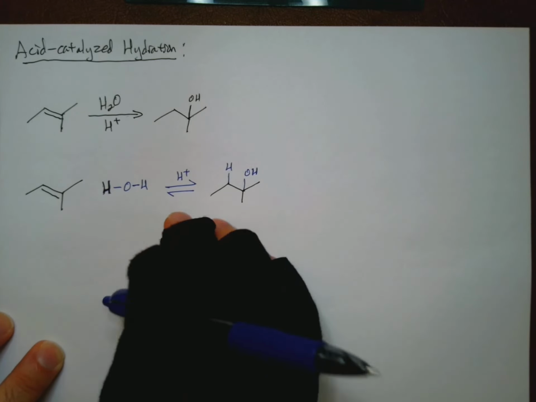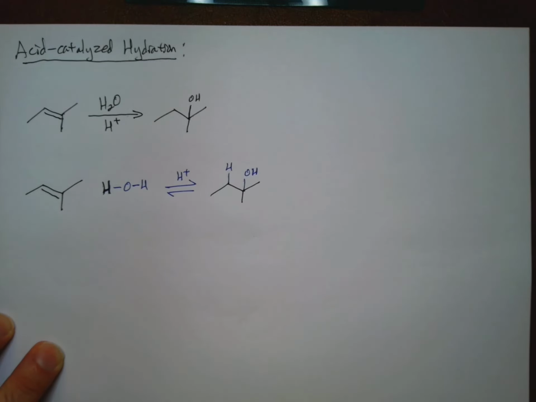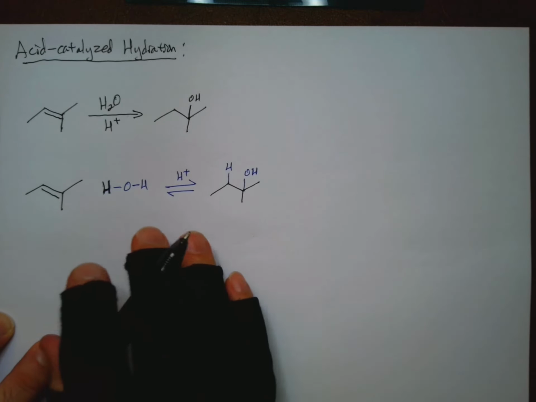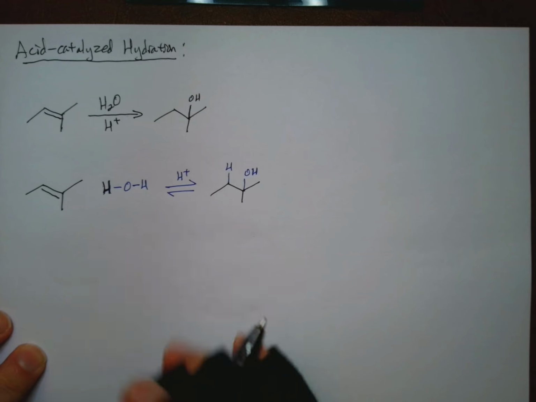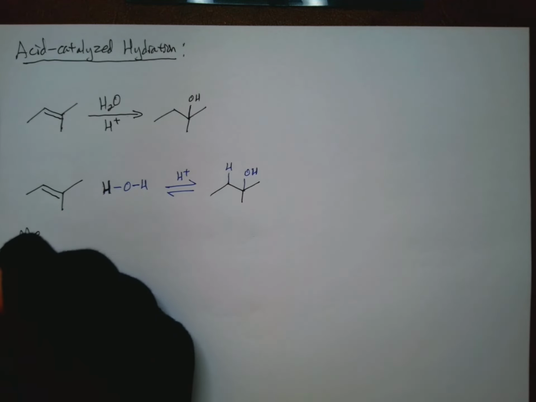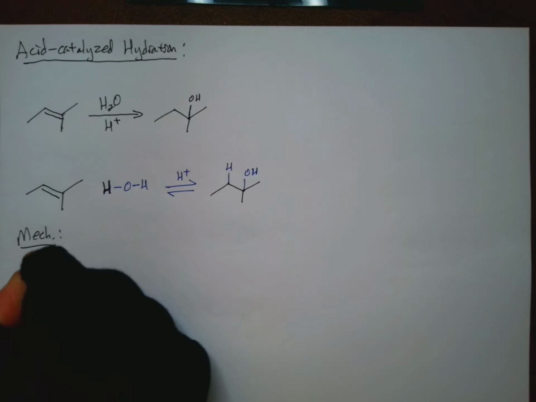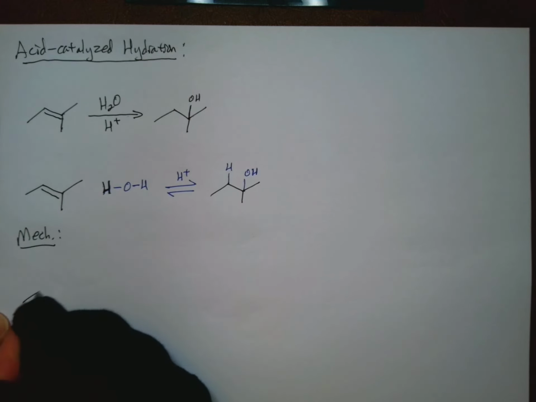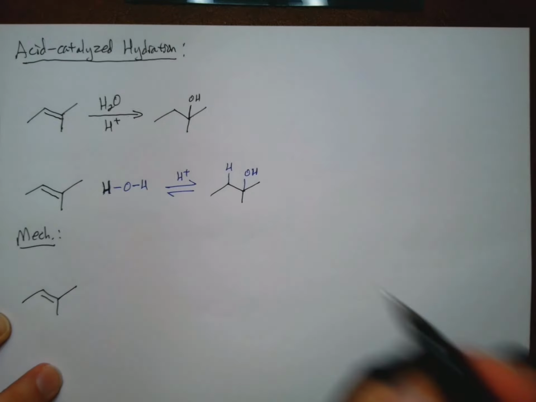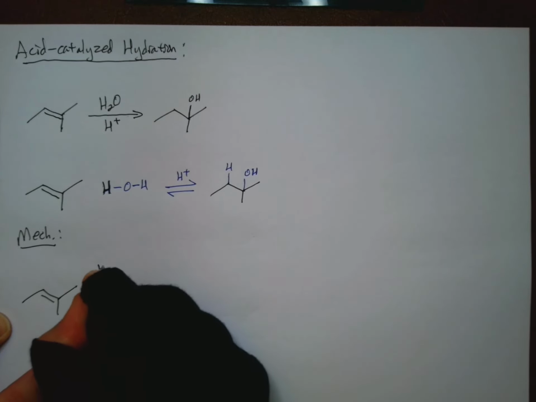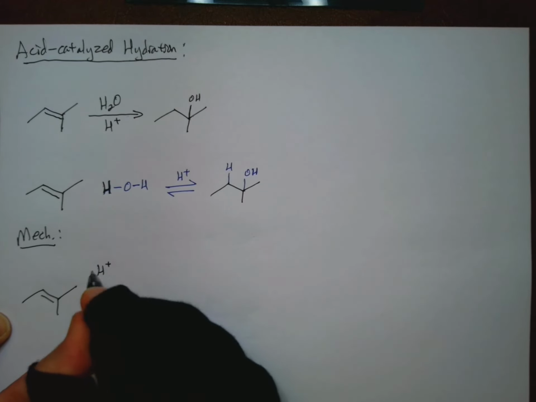All right, now let's take a look at what this mechanism would look like. Now, I drew it an awful lot like the addition of HBr, and that's because, well, it is conceptually very similar. Okay, we have some source of H+, so I'm just going to write H+ there.